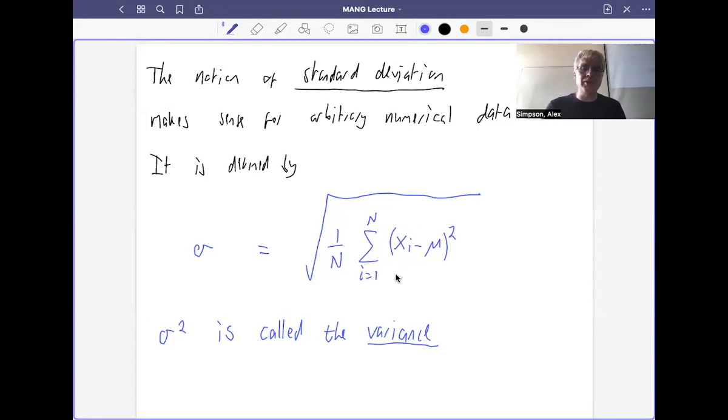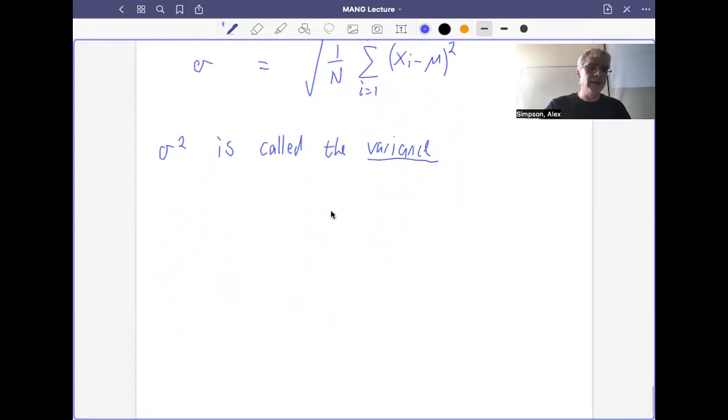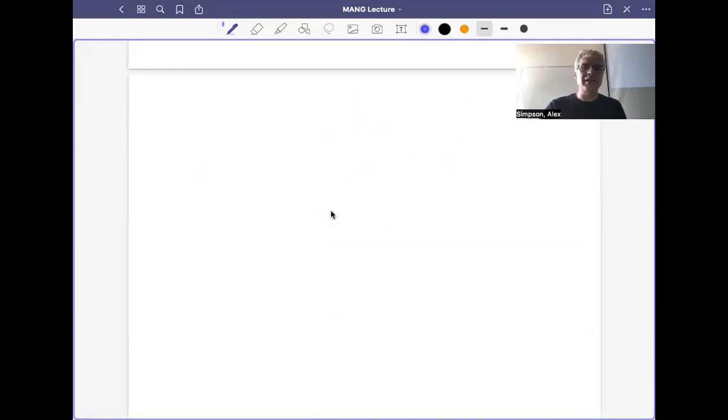It can be a bit confusing, but the main mathematical formula, the really important one to know for standard deviation, is this one, which has a 1 over n, not a 1 over n-1, just in case you've seen formulas with an n-1 there.